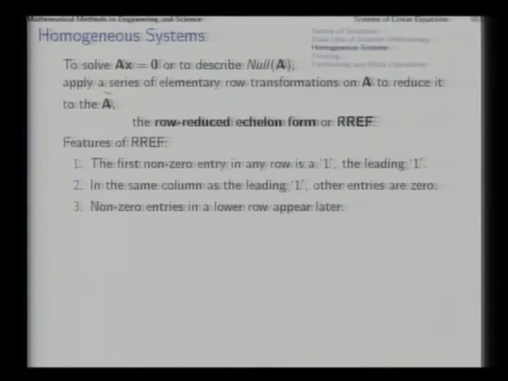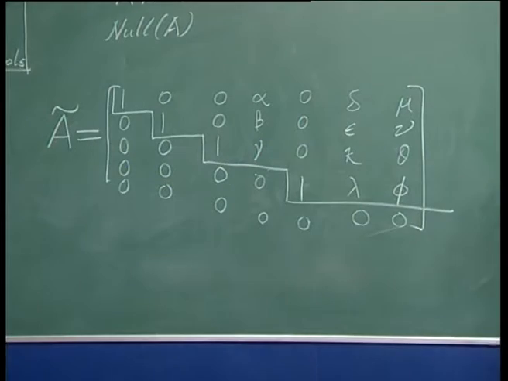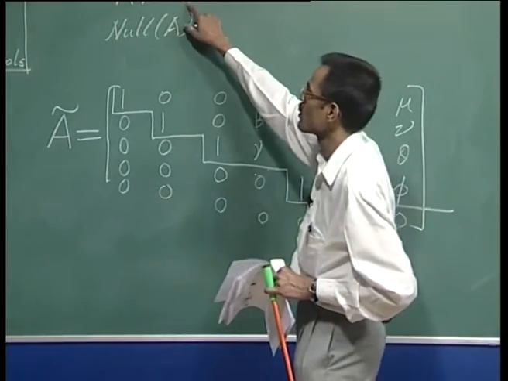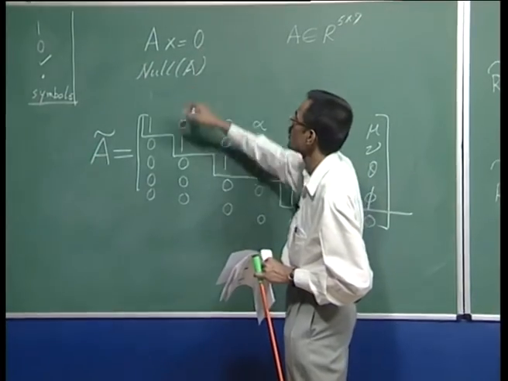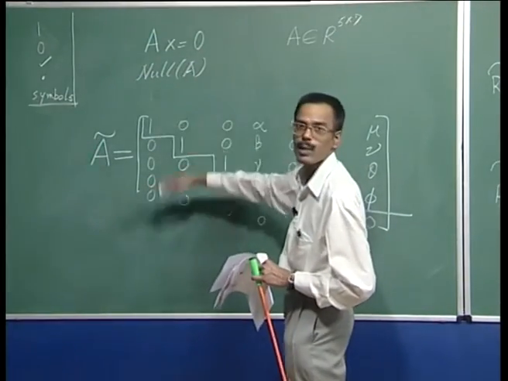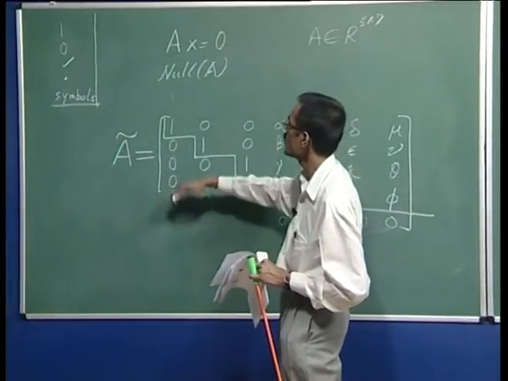Now again go back to that original theme, that if Ax equal to 0 is the system, then the solutions of this system remain unaltered through all these elementary row transformations that we have carried through.